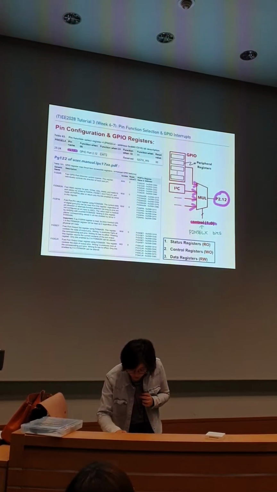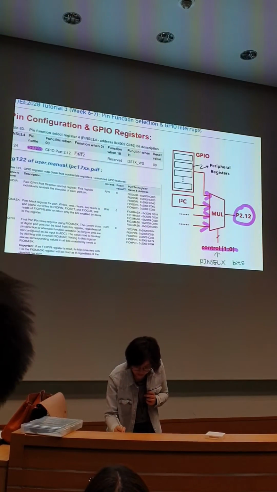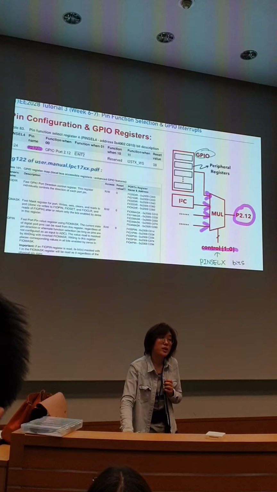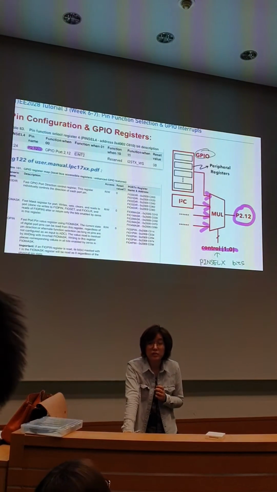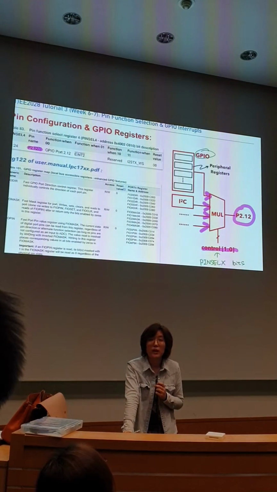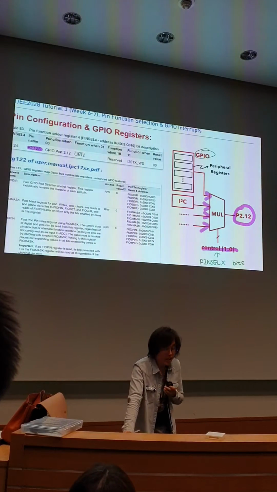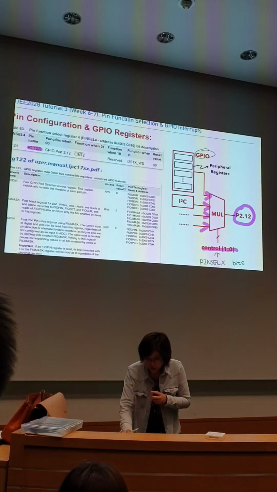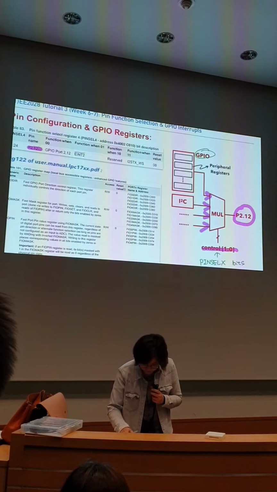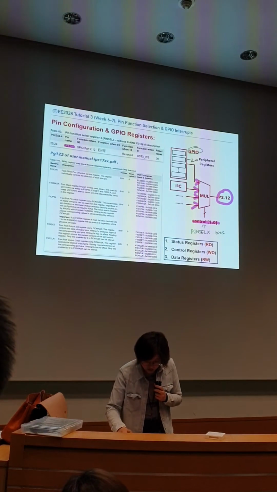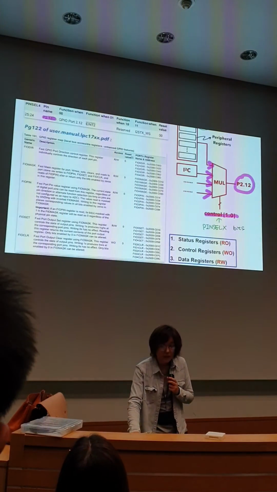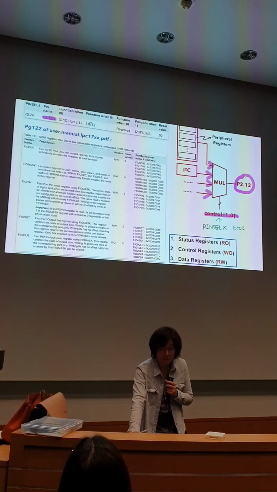So for P2.12, basically we choose GPIO function. But for GPIO interface, it has some other registers to configure the GPIO.